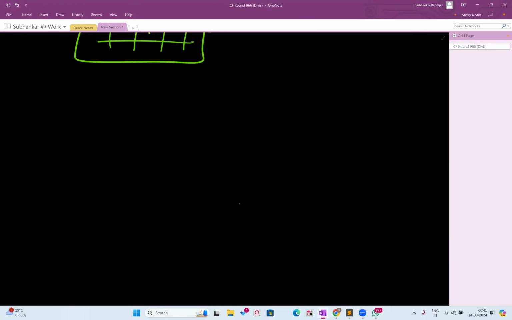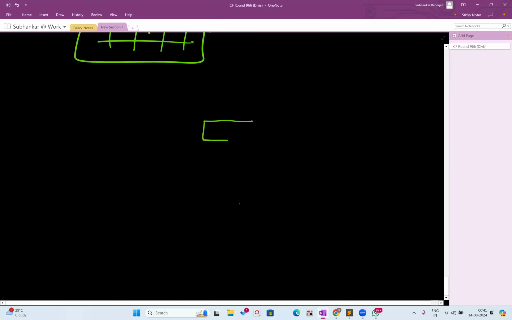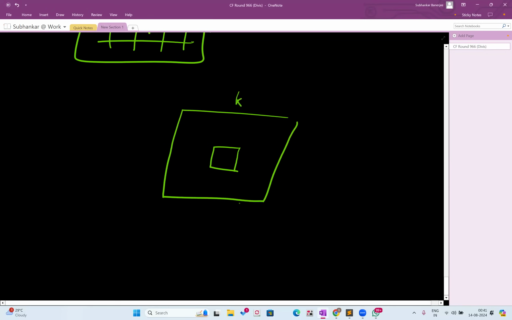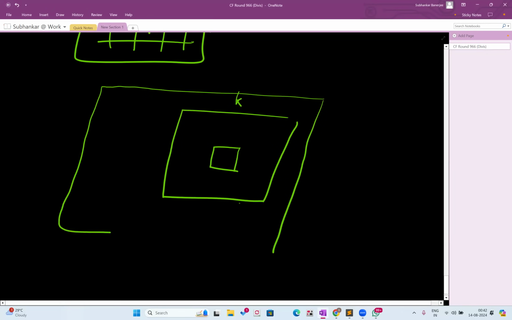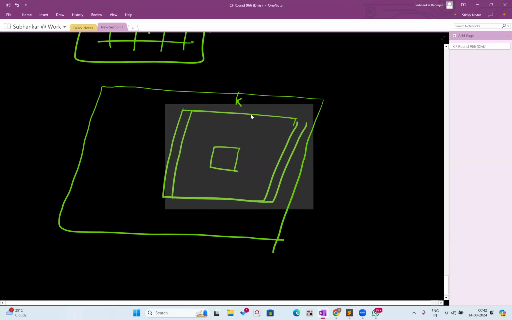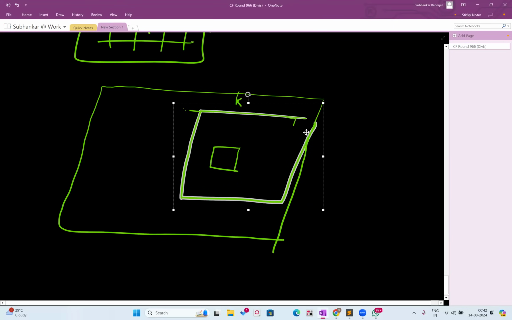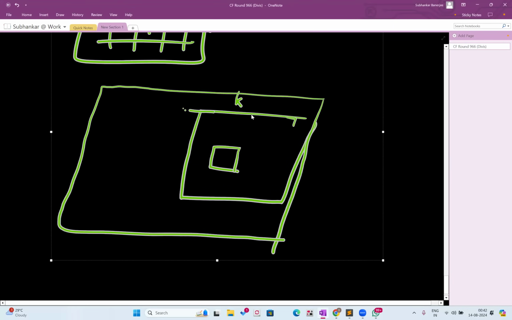Okay, so suppose this is my (i, j)th cell, and I have a square of length k outside it, and we have the left border here. So is this diagram clear? Yeah. Okay, so I can just move this square right, and whenever it collides with the border, I'll just stop.